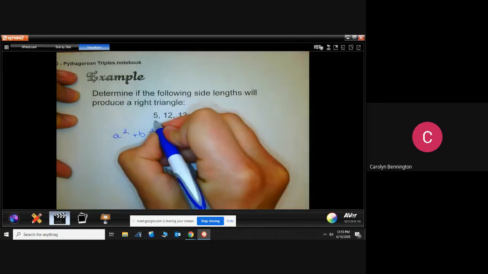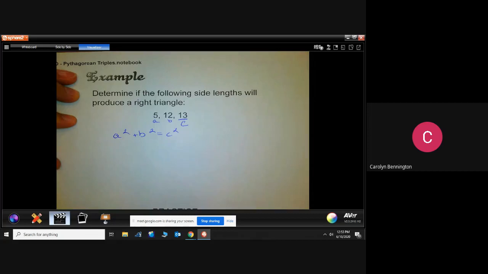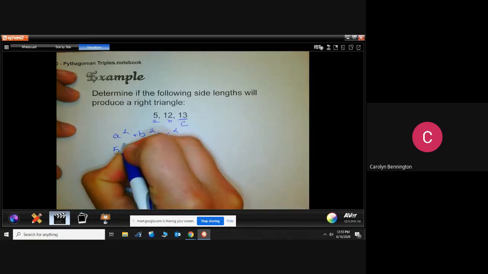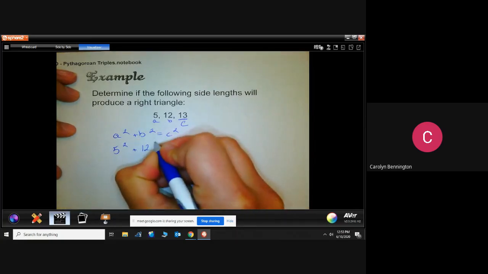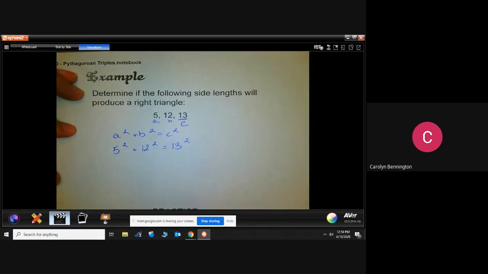Again, I'm going to call 5 our A value and 12 our B value. Again, those can be switched. It doesn't matter. And now substitute in the numbers that you know. So our A is 5, so we'll have 5 squared plus 12 squared equals 13 squared.